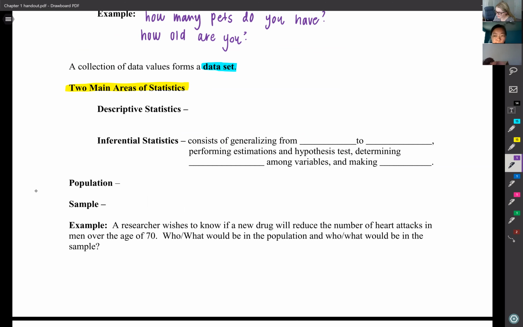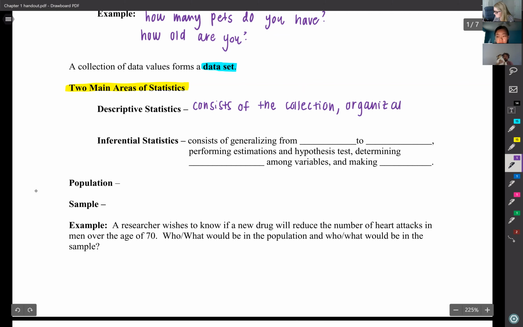So descriptive statistics consists of the collection, organization, summarization, and presentation of data.